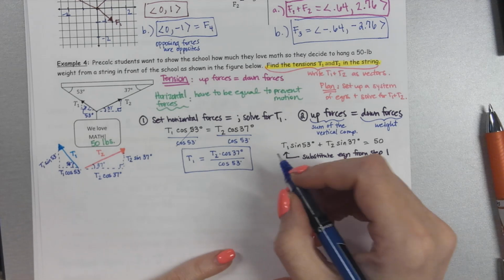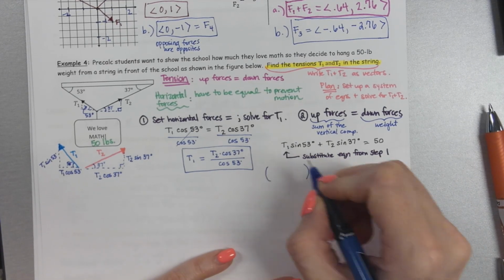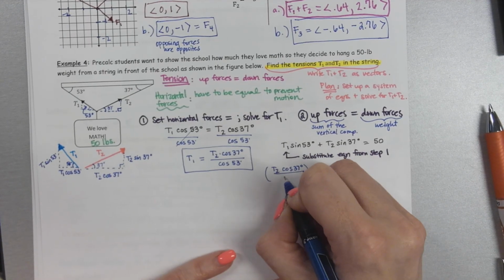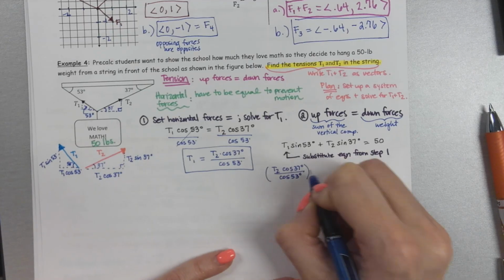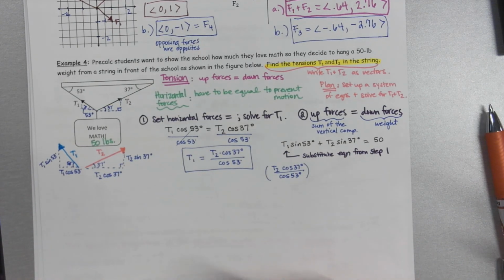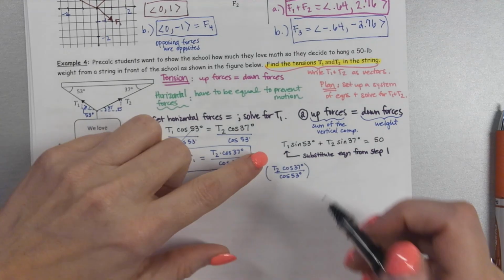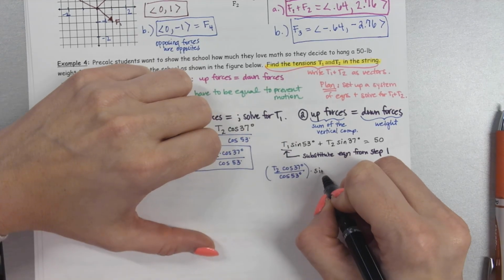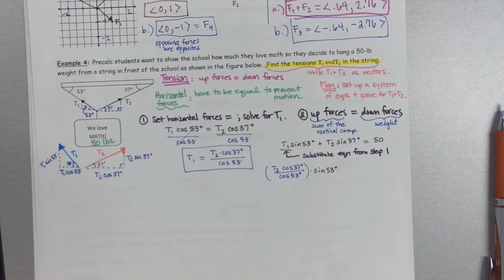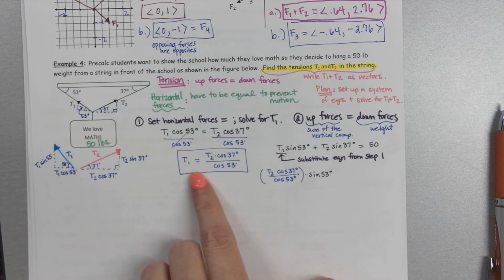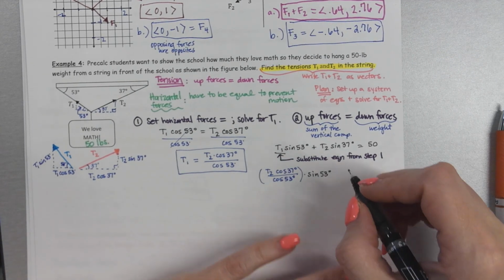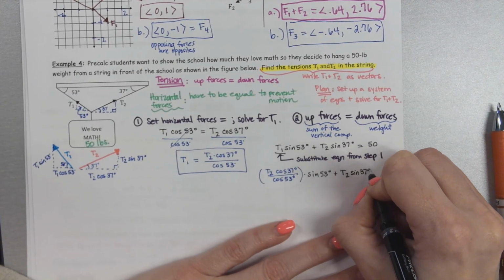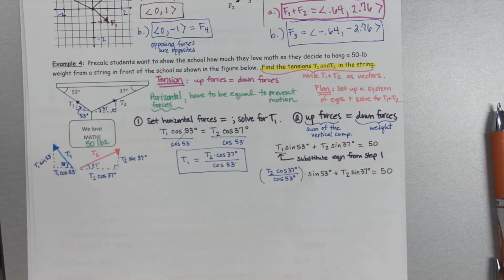Okay, so instead of T sub 1, I'm now going to write this as T sub 2 cosine of 37 degrees divided by the cosine of 53 degrees. So T sub 1 becomes this. Notice that it's still multiplied by the sine of 53 degrees. So T sub 1 is now this equation times the sine of 53 plus T sub 2 sine of 37 equals 50.